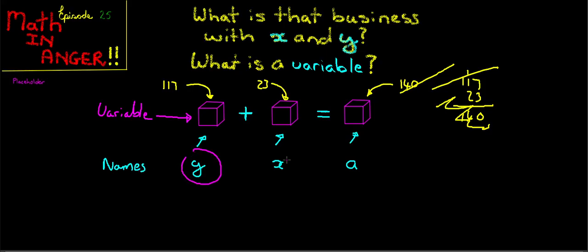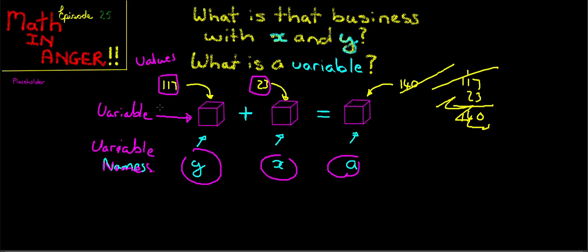These things are variable names, and these are the values. So when you sit in an exam and somebody asks you, what is the value of X? What they're asking is for you to open the box and find out what this value is.